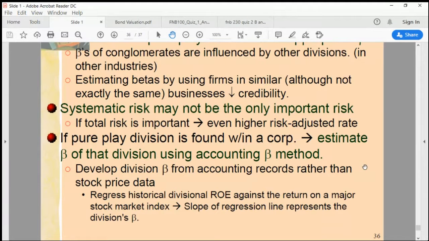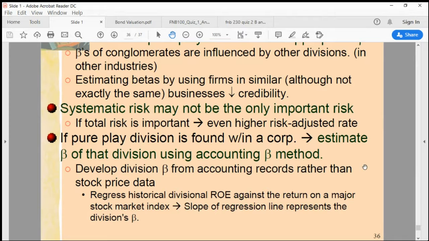It reflects the conglomerate. So you look at the division's accounting record, and use that return on equity to regress. You will have to run a regression.